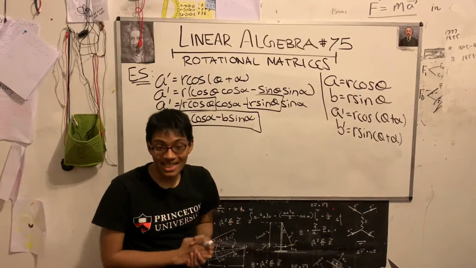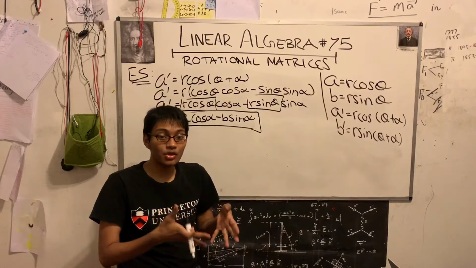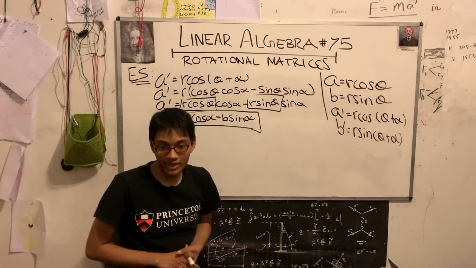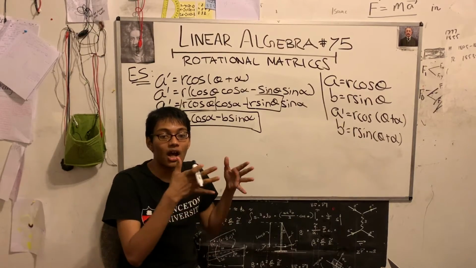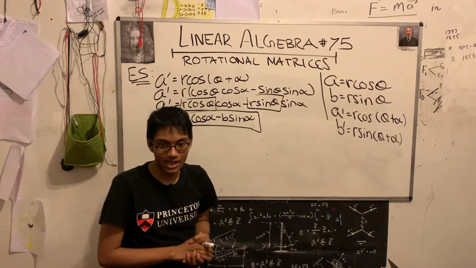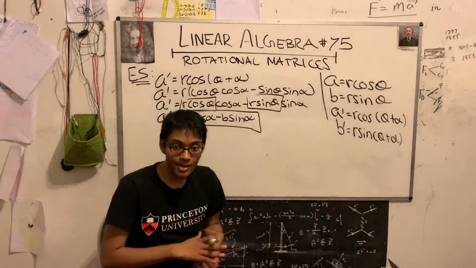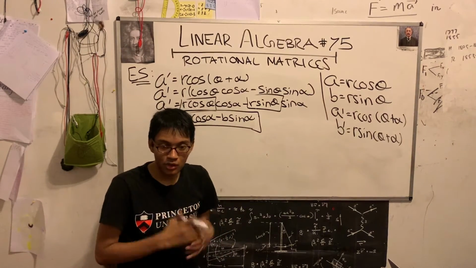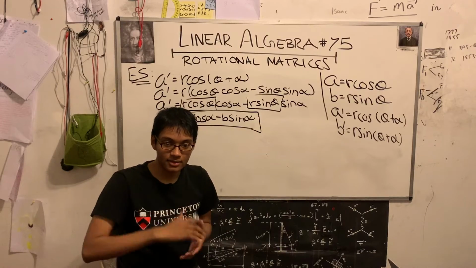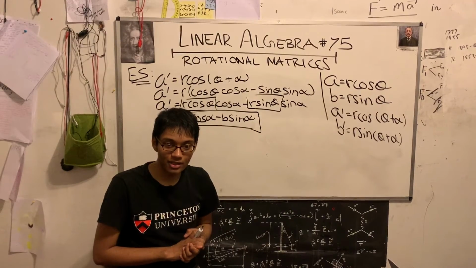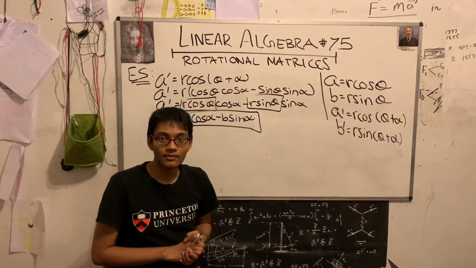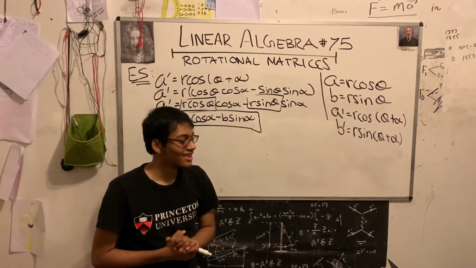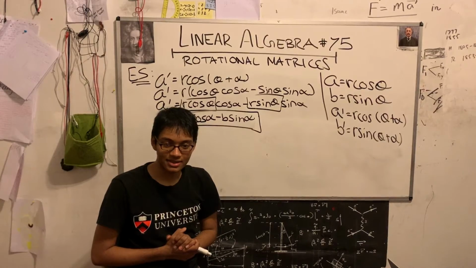So, for today's exercise, what I want you to do is go ahead and apply the same approach I just used to expand cosine of theta plus alpha to expand sine of theta plus alpha. In other words, go ahead and expand B prime in terms of A, B, and alpha. Good luck, and I'll give you a few seconds to go ahead and try out that exercise.